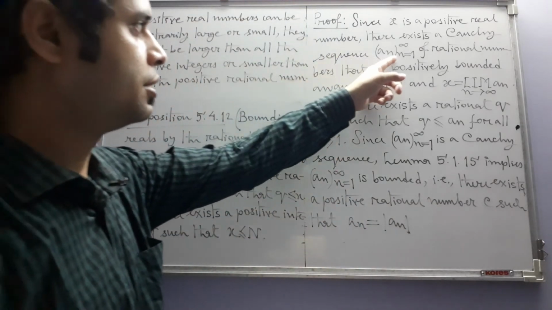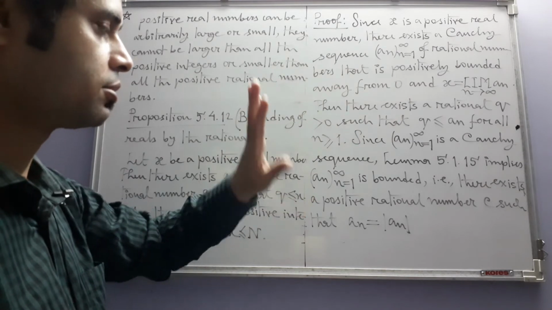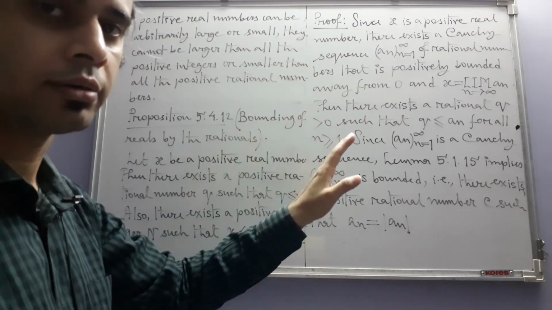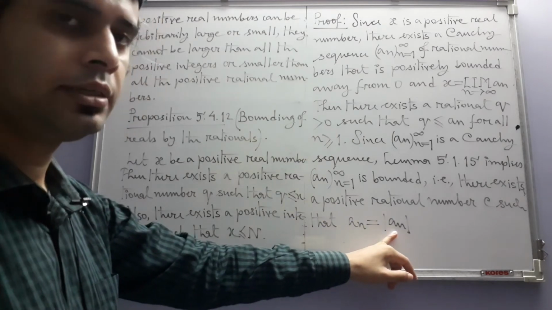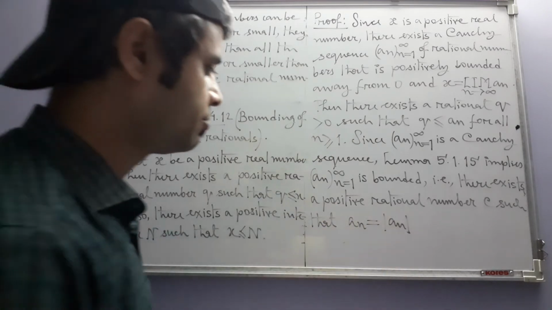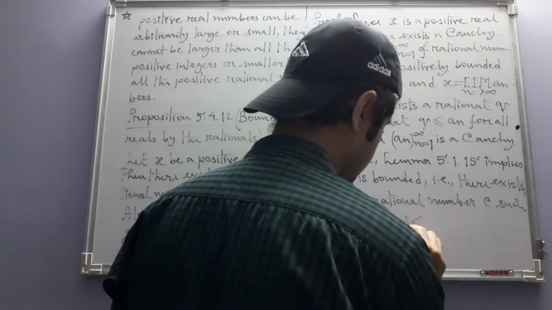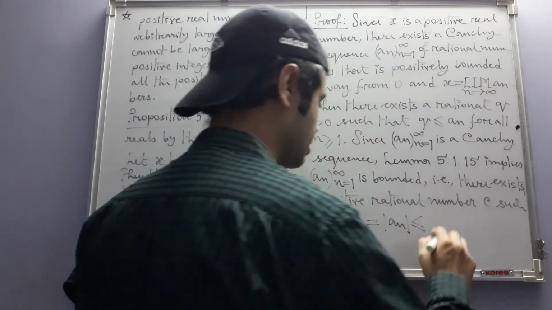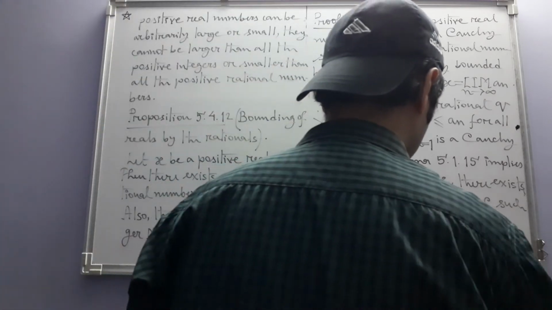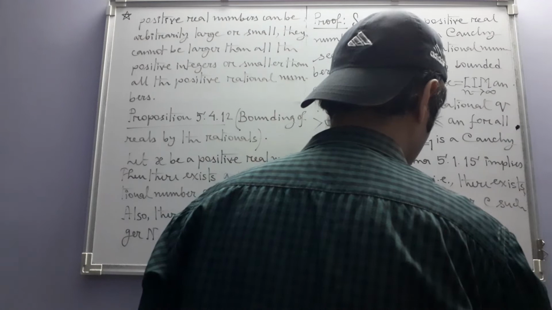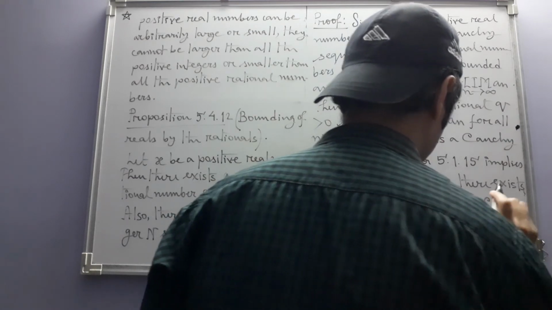Because this is a sequence that is positively bounded away from 0. So in particular, all the terms in this sequence are positive real numbers. So any such term will be equal to its absolute value, and by the definition of boundedness, this will be less than or equal to C, and this will be true for all n greater than or equal to 1.